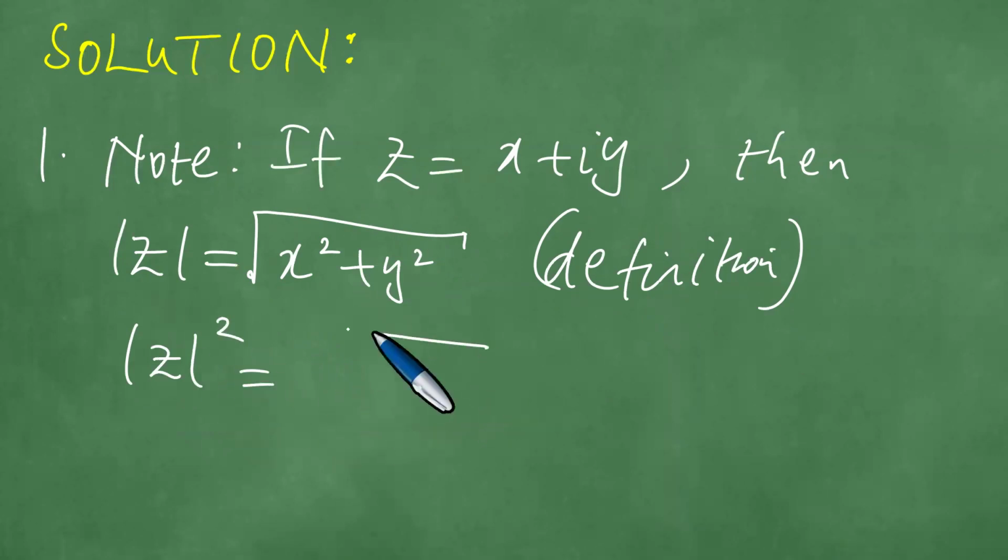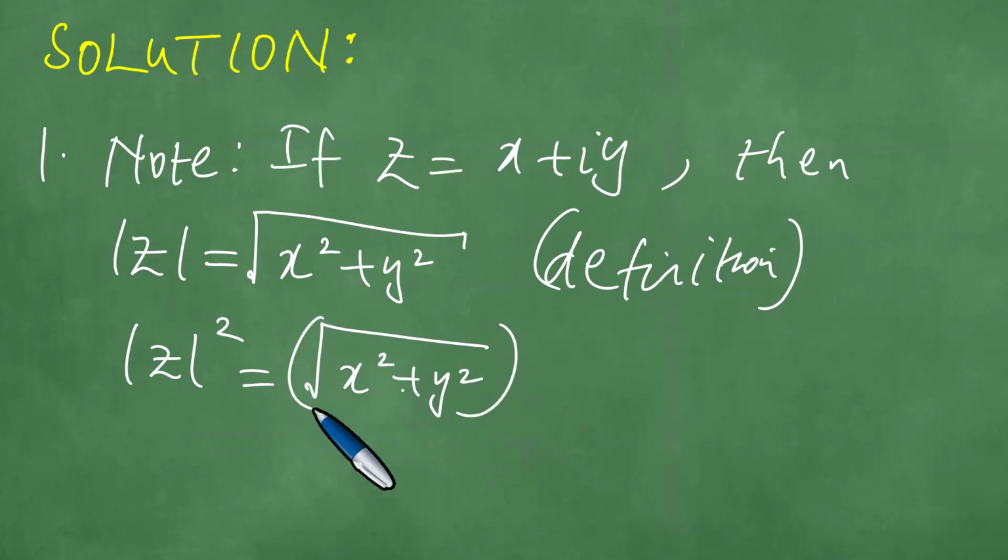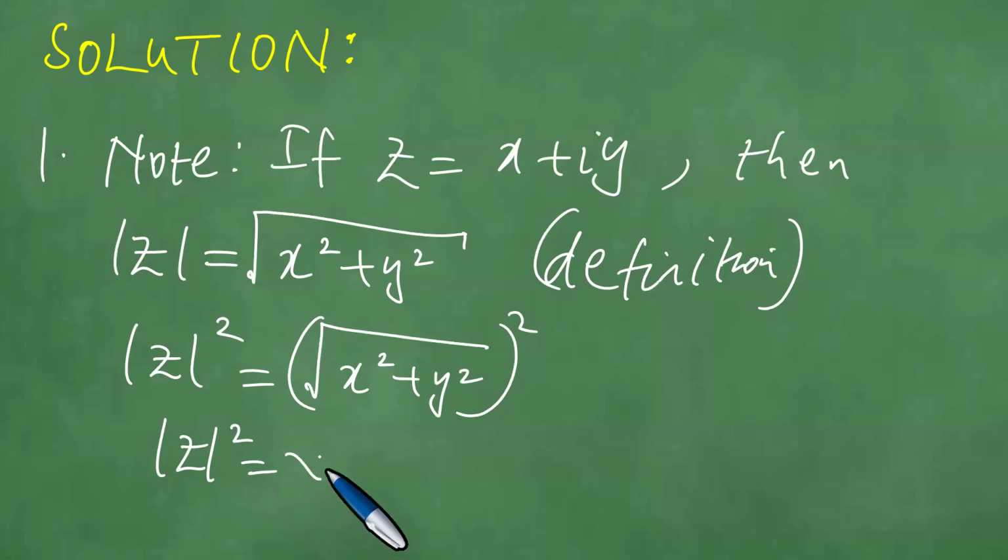We square on the left, but also we square on the right. It means that the modulus squared is going to be x squared plus y squared. So the modulus of z squared is x squared plus y squared.